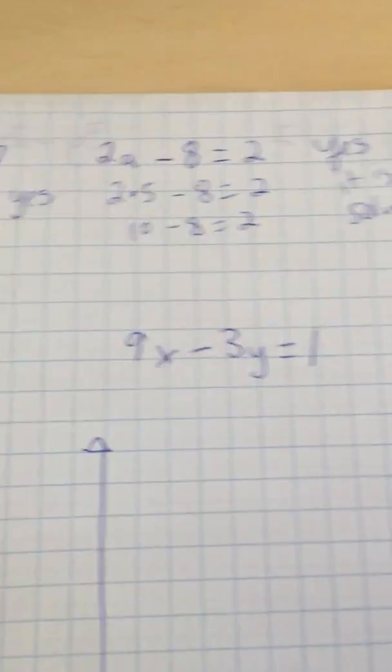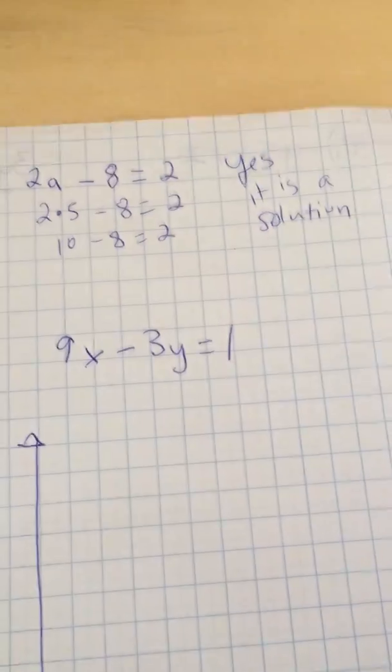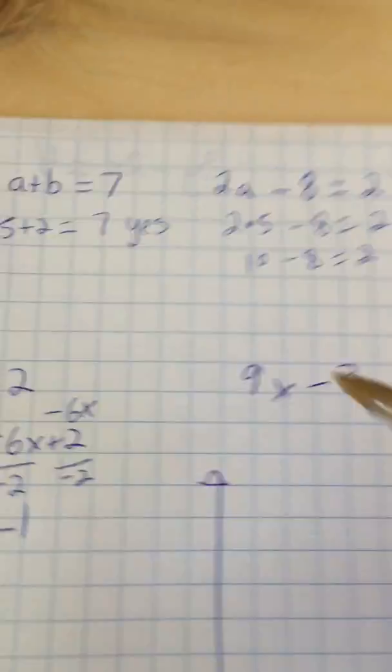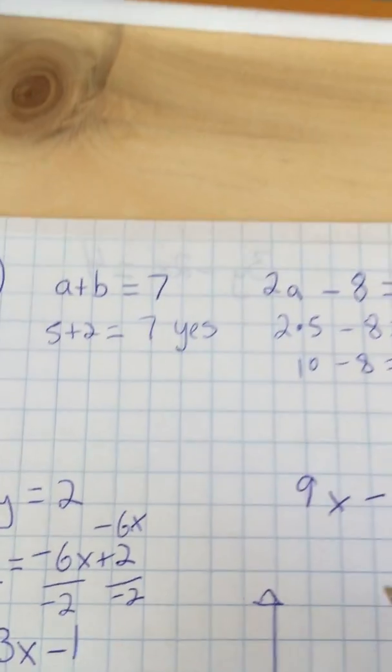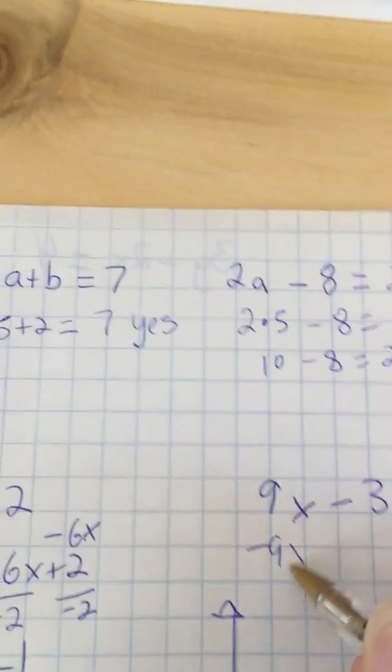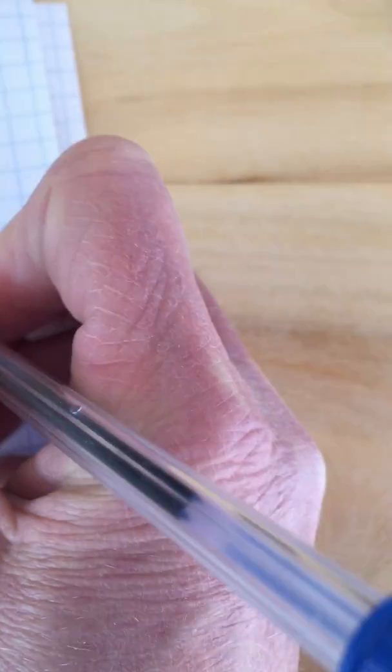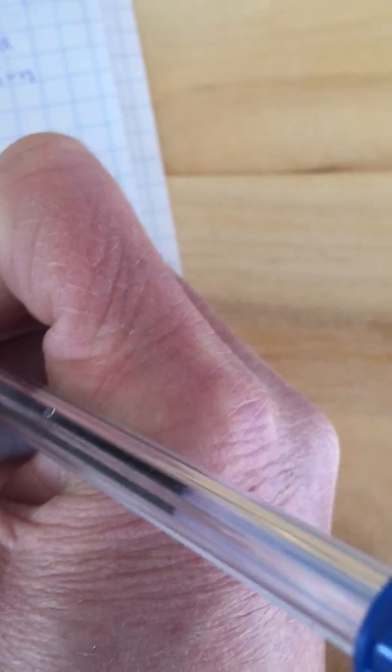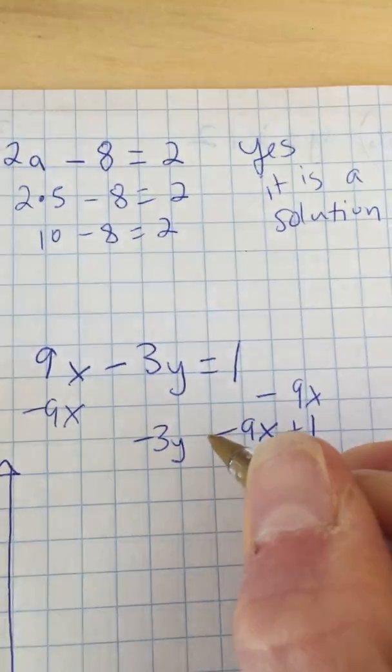Now I'm going to do this one over here to find out this line's slope. I'm going to get rid of this 9x, and I'm going to bring it over here, 9x. So now I'll have negative 9x plus 1, and over here I have negative 3y.